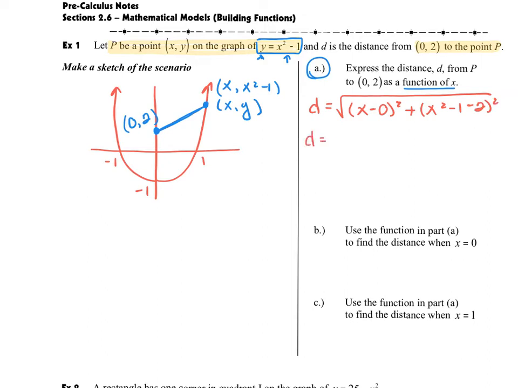Now, we're going to start cleaning this up and making this look a little nicer. So I'll have an x squared. Then I'm going to have my x squared minus 3. That's a quantity squared. Then I'm going to keep going. This next step, this is where students make some errors. When we go to expand this and get rid of our parentheses, we have to remember to FOIL.